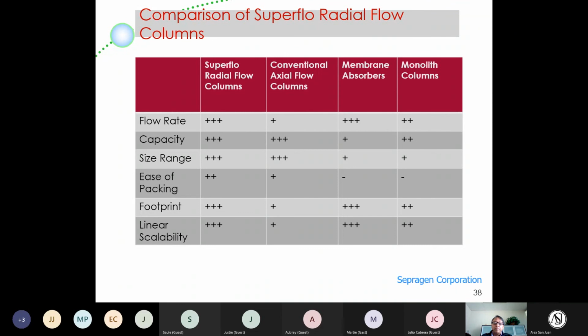So you get the benefit of the flow, the scalability, the high capacity that you don't with some of these other emerging technologies. And it's simple, and you're not changing the chemistry which you would with a membrane or monolith. So you're keeping the same resin chemistry, but you're getting the benefit of the increased flow.